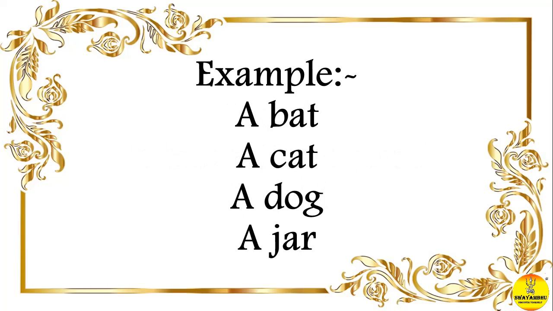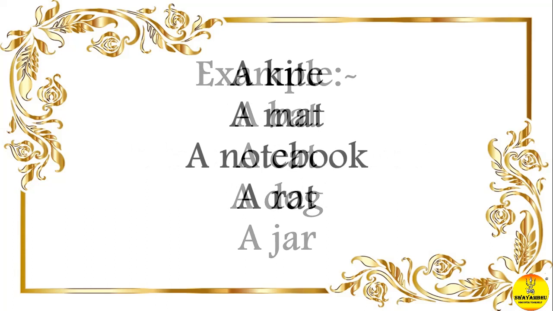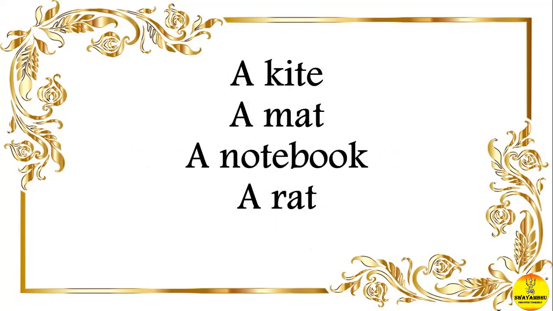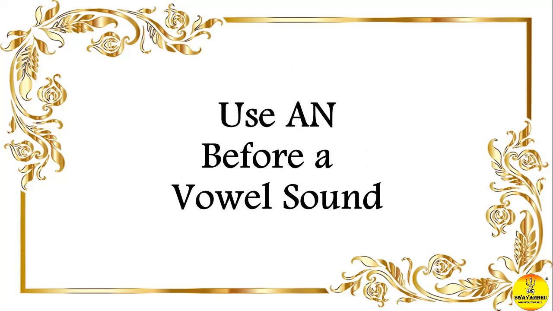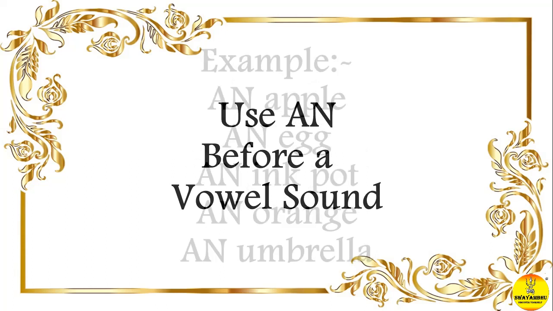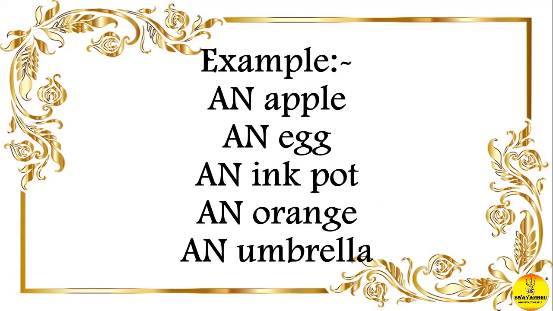For example, a bat, a cat, a dog, a jar, a kite, a mat, a notebook, a rat. Use an before a vowel sound. For example, an apple, an egg, an inkpot, an orange, an umbrella.